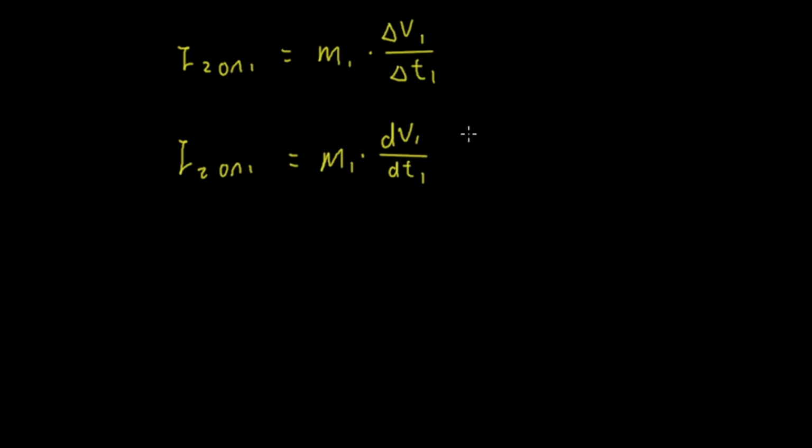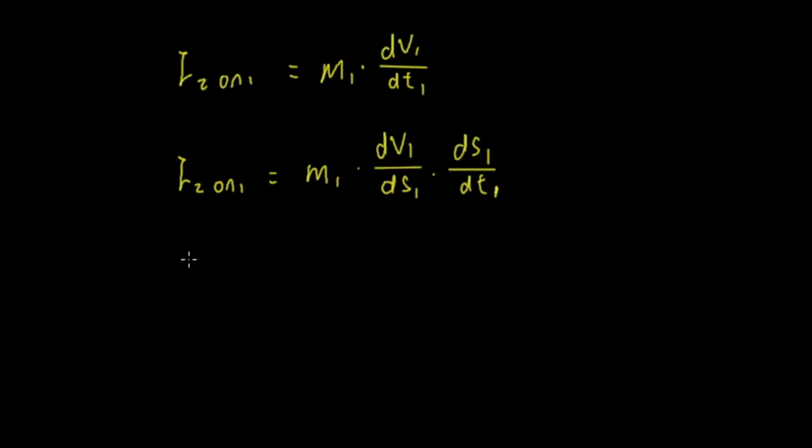Now we can apply the chain rule on this. That is dv1 over ds1 times ds1 over dt1, right? As you can see here, ds and ds cancel, we have dv over dt, right? Same as this. But we know that ds1 over dt1, so ds over dt is velocity.